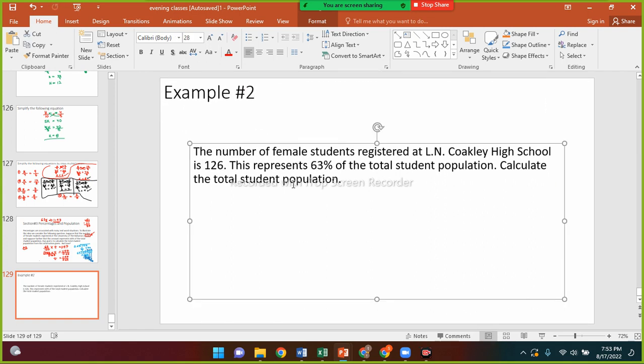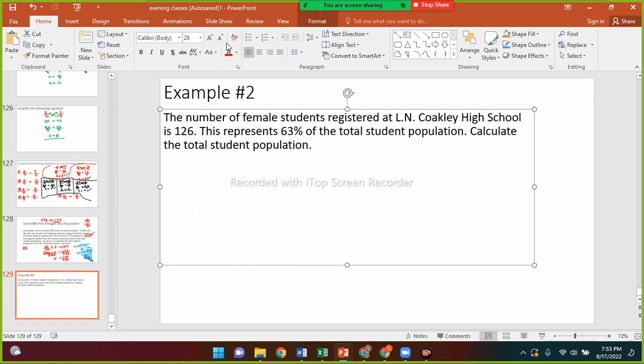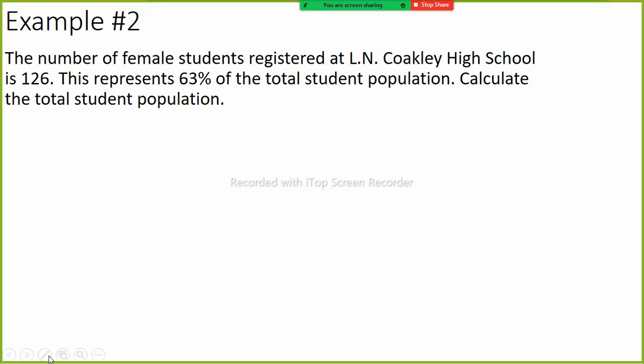All right, so what's the first thing that we're going to do for this question? Sierra, the first thing we're going to do? Oh, okay. 63 over 100 times t equals 126. We don't have to go through all that, just the major thing.